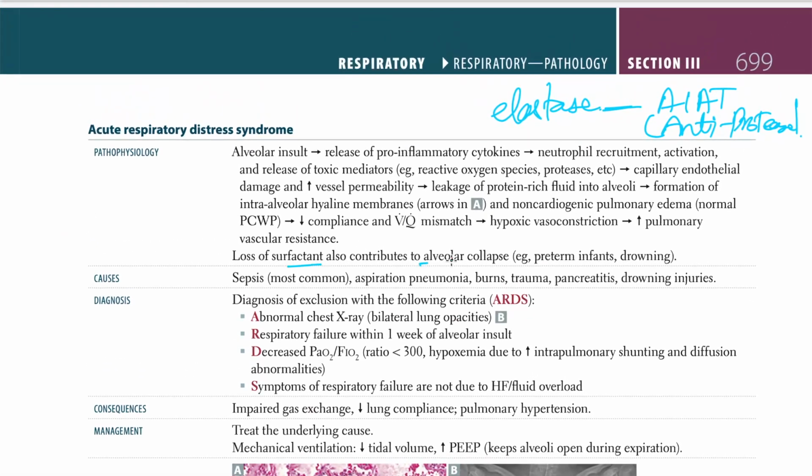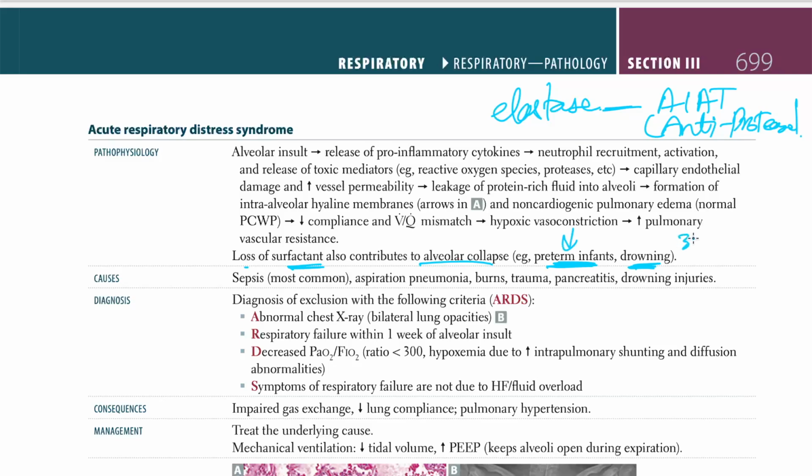Loss of surfactant also contributes to alveolar collapse, which is an example in preterm infants, right? So this messes up the surfactant in preterm infants because there is not sufficient production of surfactant by the time the baby is born.